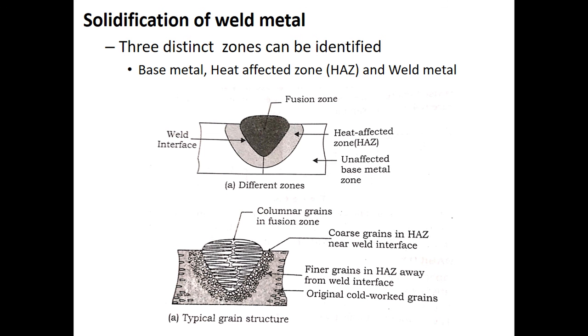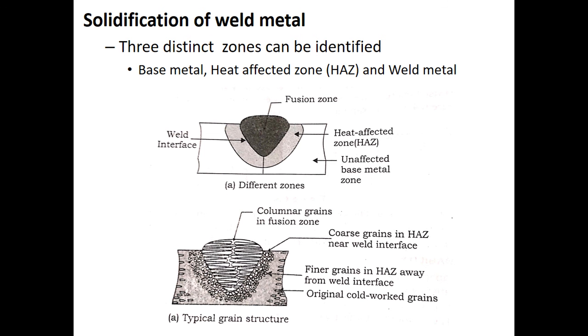If you look at the diagram just below, which shows the grain structure, you can see that in the central zone the columnar grains are formed, which grow parallel and opposite to the direction of heat flow.